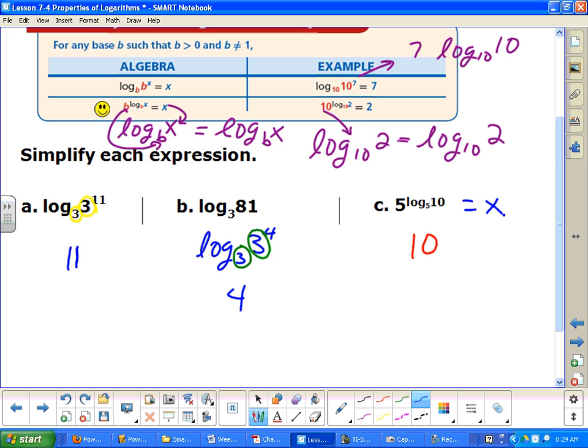Here's my 5 is my base, so I could say the log base 5 of this x here is equal to the log base 5 of 10. So that means then that this x and this have to be the same because I have log base 5 and log base 5. So x equals 10, or my answer is 10. Okay? So if I ever switch it, you can also think of it as switching it from exponential to logarithmic form, and things should turn out to be equal to each other then.